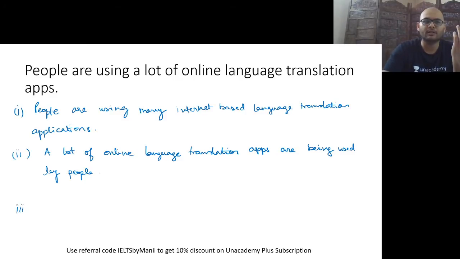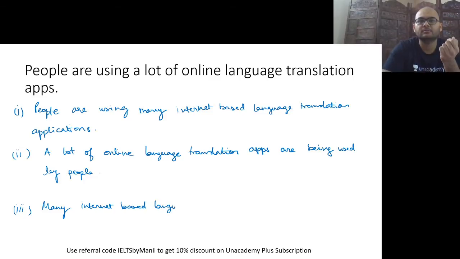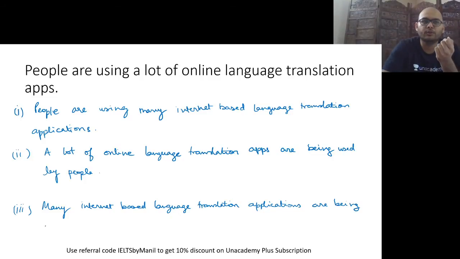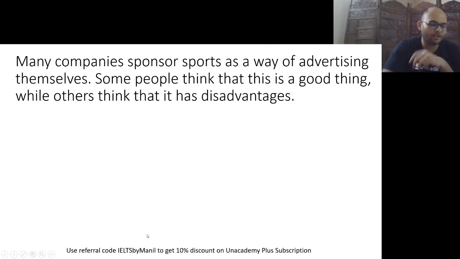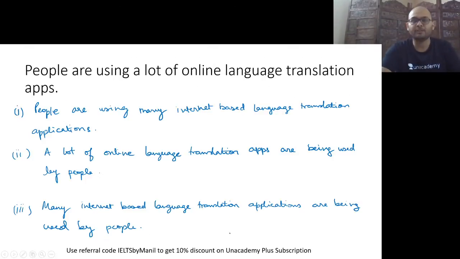So the third one, which is what I would say is the best paraphrase: many internet based language translation applications are being used by people. All right. So this is possibly the best way to go about this.